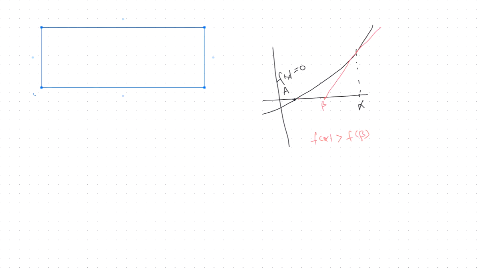How are we going to find the gradient of f(x) at this point? It is f dash x_n.